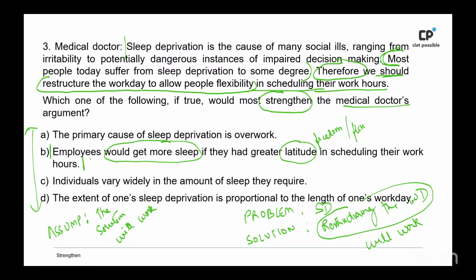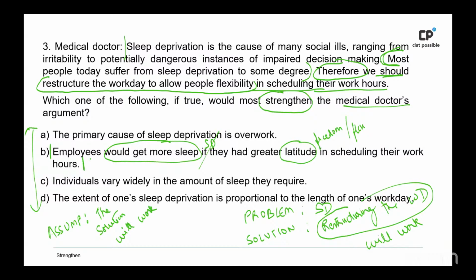B says they will actually get more sleep, or less sleep deprivation. Isn't option B an assumption in the argument? And we said assumptions strengthen the argument. So option B looks like a great option.